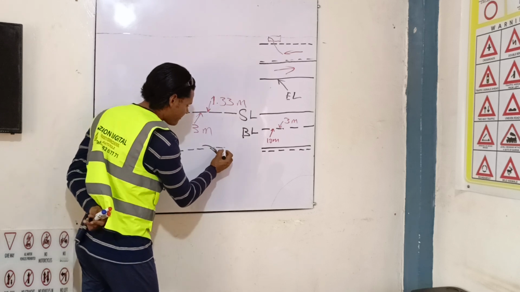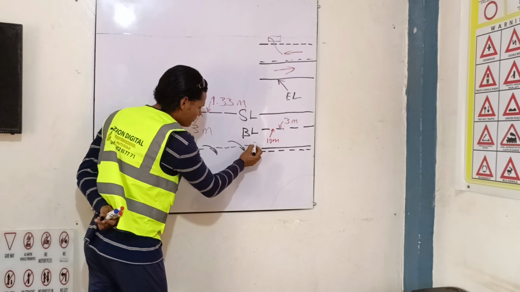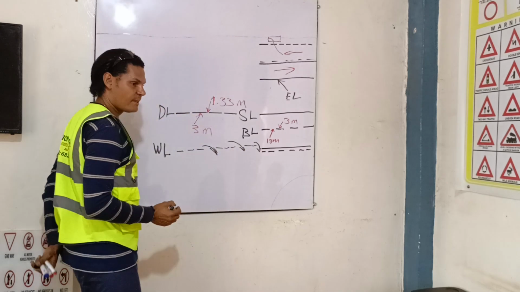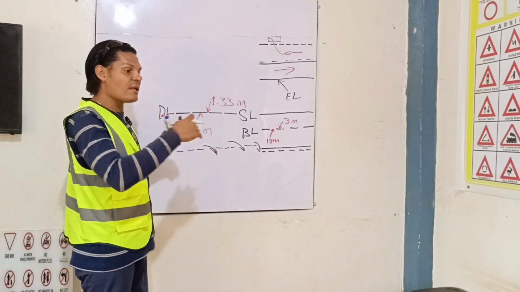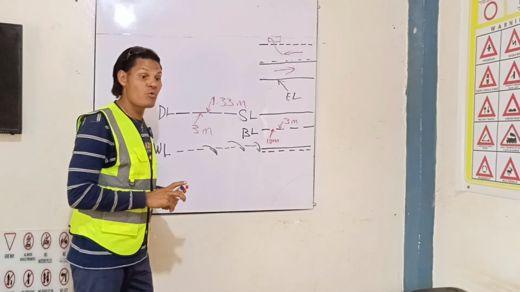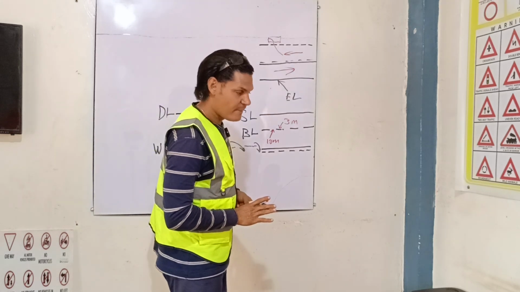You see an arrow, after you go you see an arrow, after you go you see an arrow. Now the combination of the arrow and the broken line makes it a warning line. Are you getting it? Yes, sir.